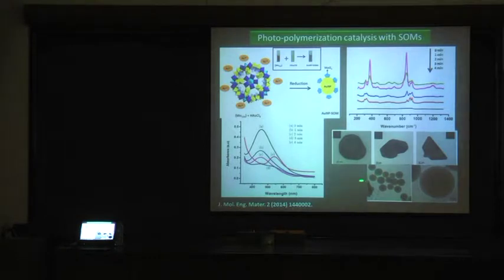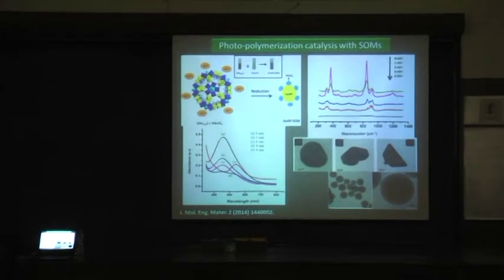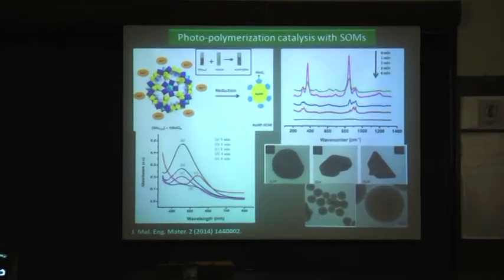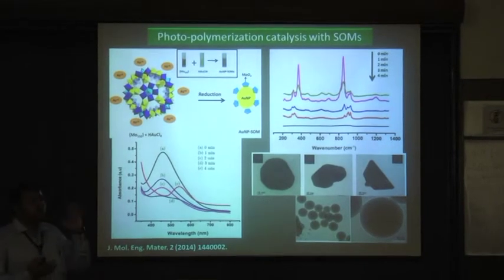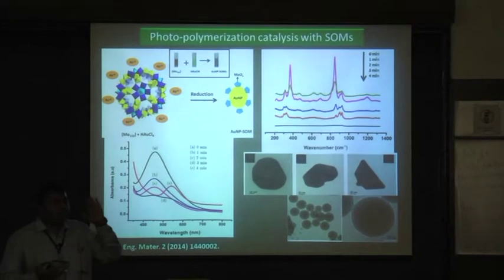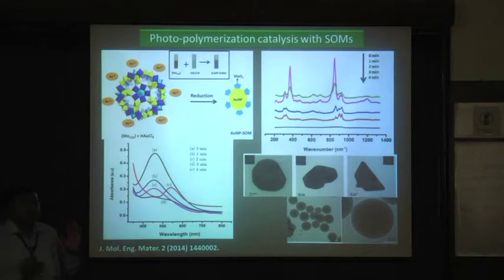We could get monodisperse polystyrenes without any problem. What was happening is the oxometalate, or the SOMs, the soft oxometalates, get into the photoexcited state, they then induce an electron transfer and thereby induce a cascade polymerization reaction in styrene, thereby making polystyrenes.